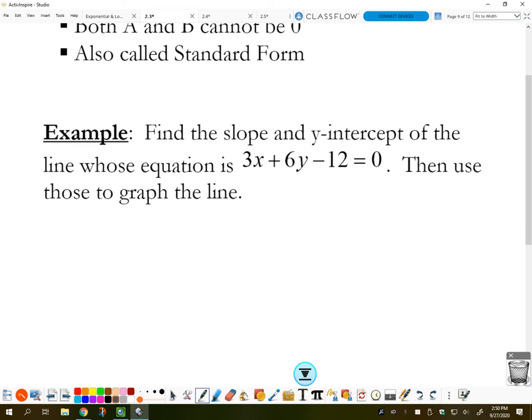So an example of how you graph from general form. There are 2 ways. The first way, especially if they're asking you to find the slope and the y-intercept, it's probably easiest for most of us to just get y by itself and get slope-intercept form. So I'm going to move 3x and -12 to the other side. So they'll become -3x plus 12. Then we divide everybody by that 6.